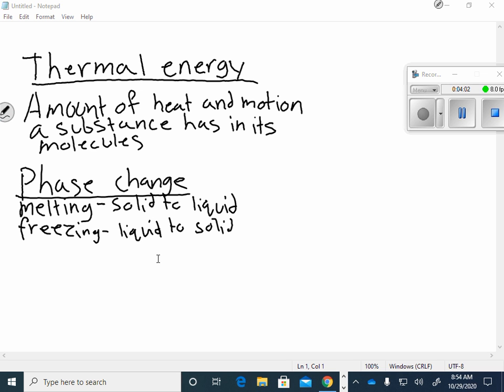So the room is actually becoming slightly, minusculely colder because I have this ice in here, because its heat is flowing into the ice. This heater is pushing heat into this water, causing it to boil. So boiling is another phase change. Okay, and that's liquid to gas.